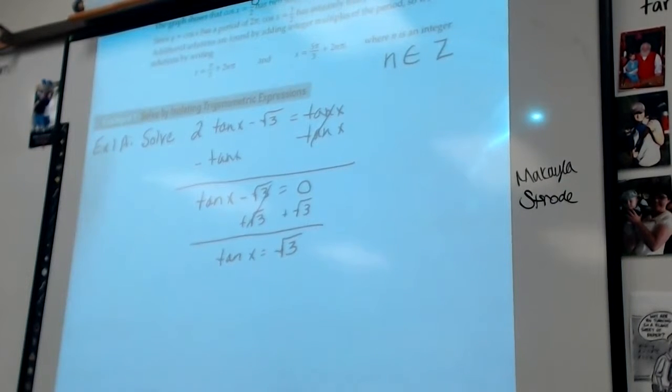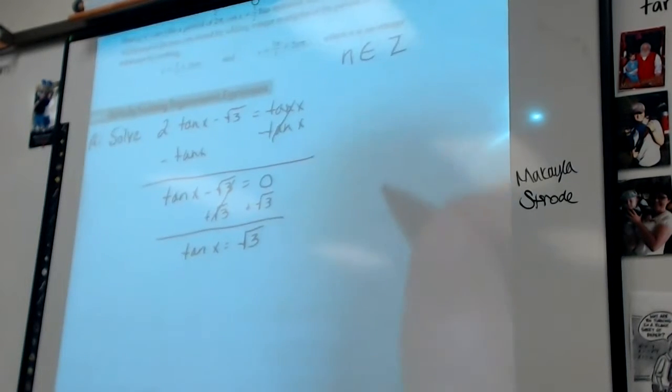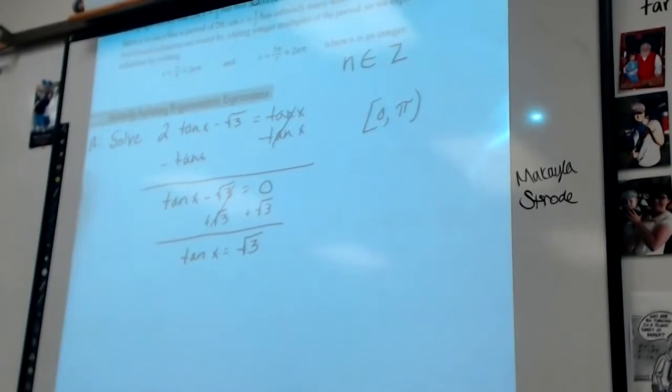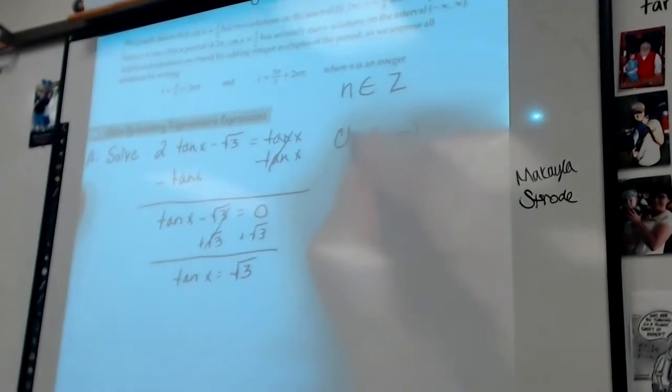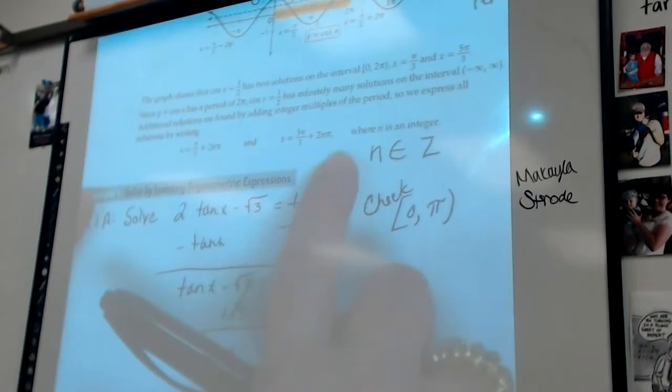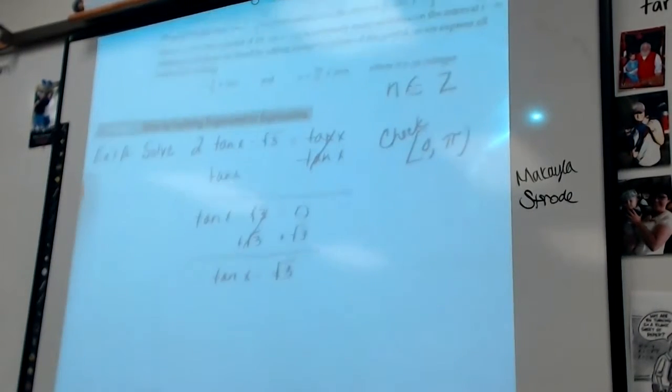Now, what is our period of tangent? Pi. So we want to check 0 to pi. We want to check this interval, and then we'll have to add pi in to each one of them.